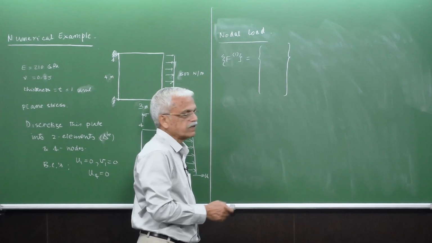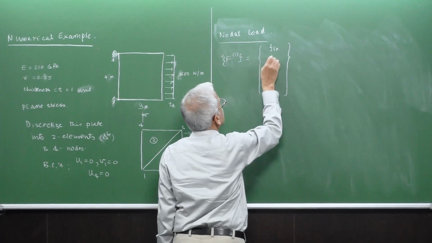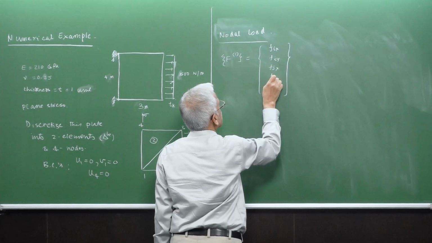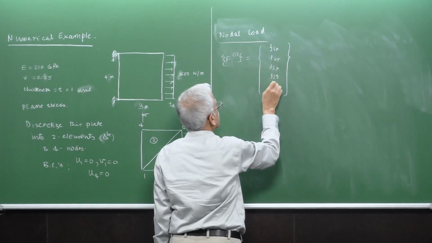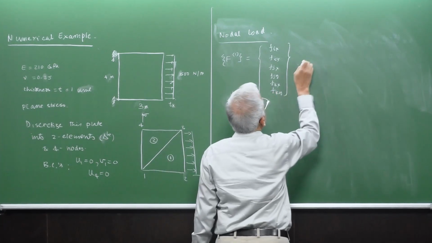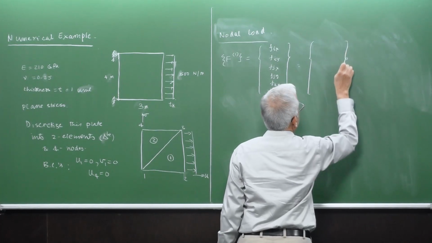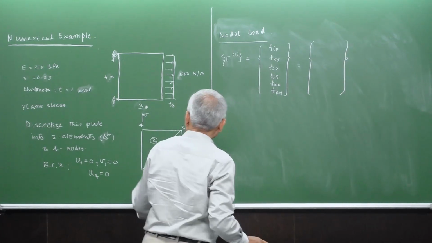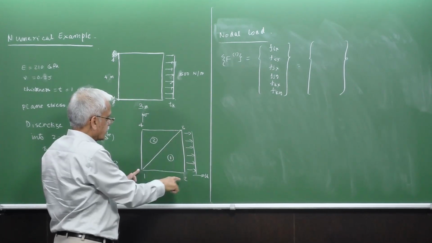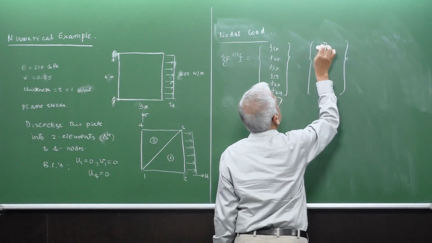The two components, F1x, for example, Fiy, Fky, Fkx. So as far as this is concerned, this is Ni times on this face it is 0. So all these two components are 0 here.